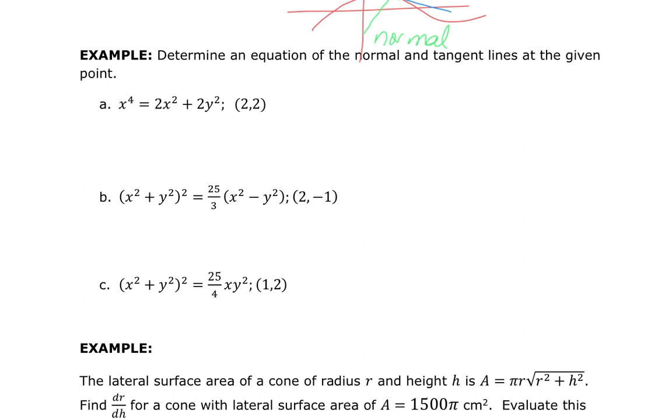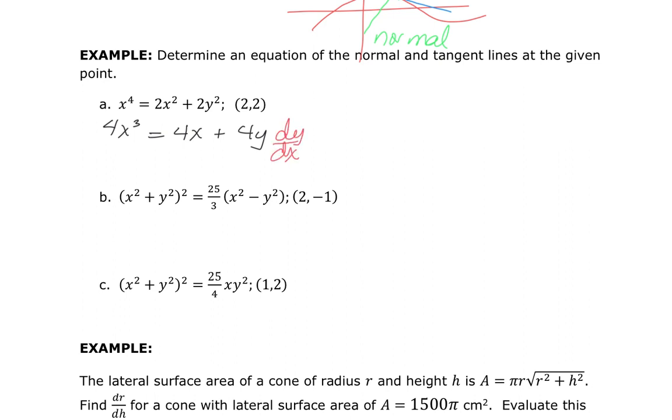Now, what I'm going to do is just give you the equations of the tangent line and then, well, never mind. I'm just going to do the first one and then I'll let you all do the rest of them. So the derivative of x to the fourth is 4x cubed, which is equal to 4x plus 4y dy/dx.